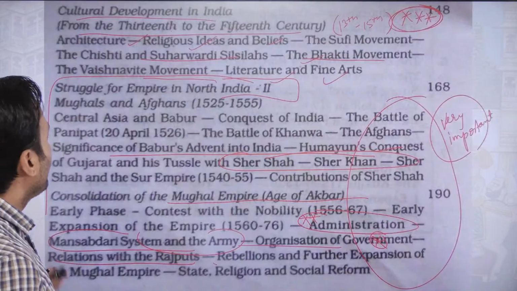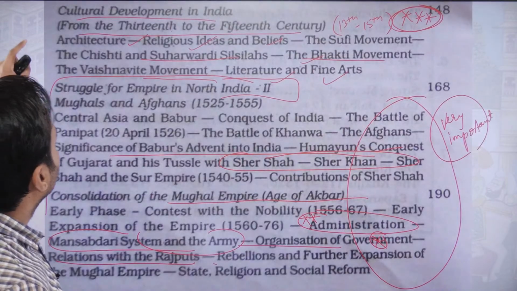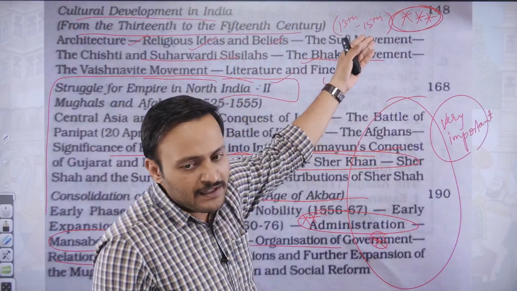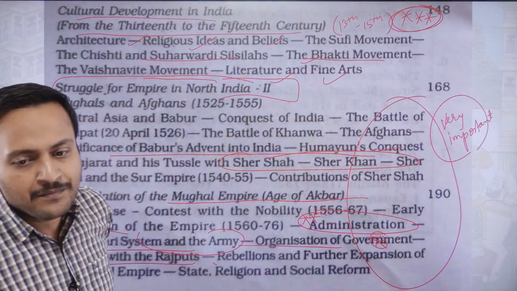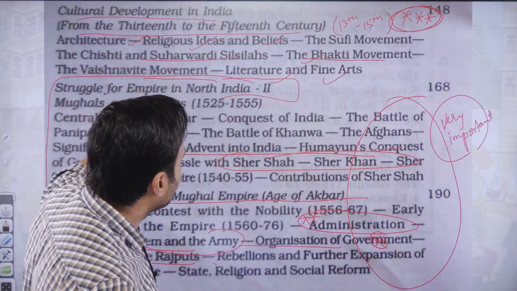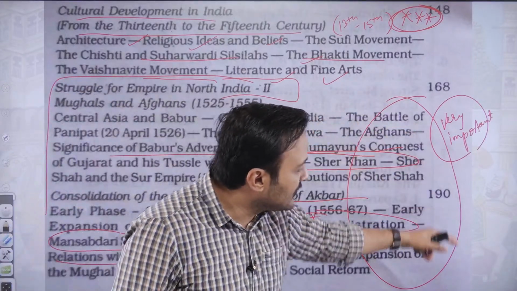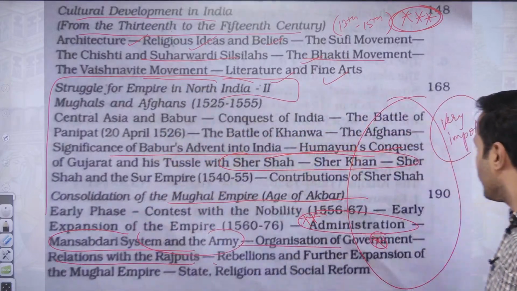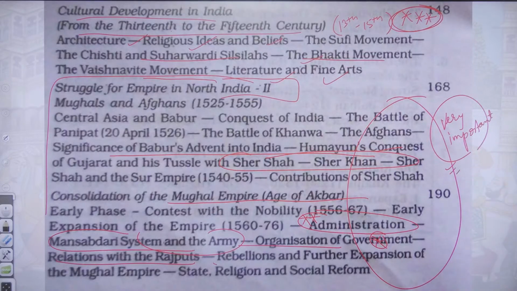Then we have the chapter named Cultural Development in India from the 13th to 15th century. This is very, very important. At the same time, we also have the significance of the Mughals. You cannot leave the initial period of the Mughals, which is really crucial to understand.